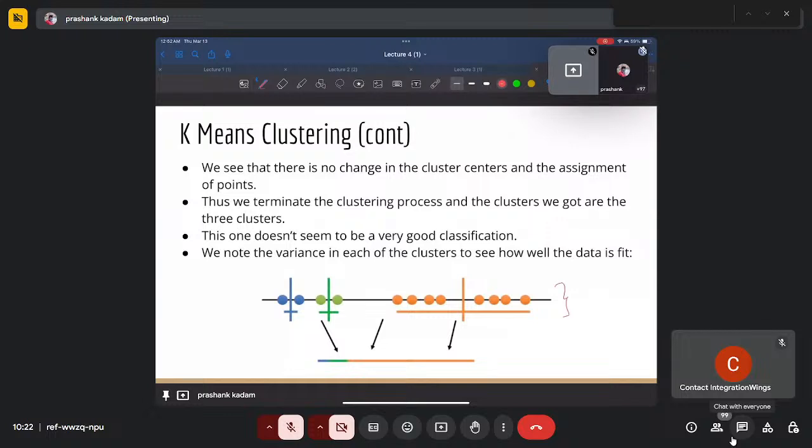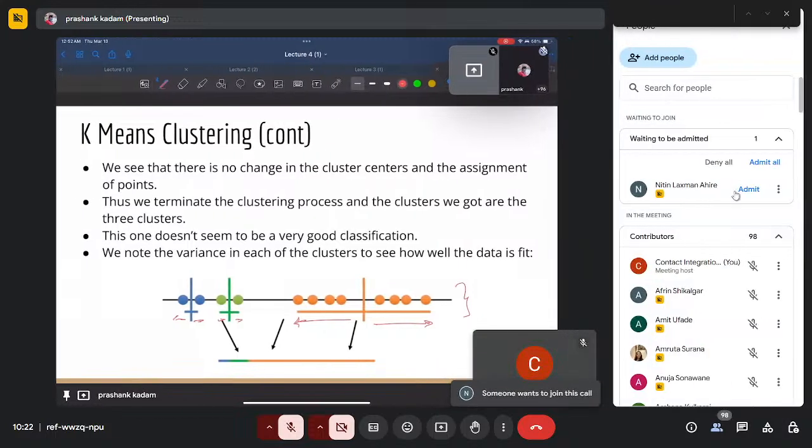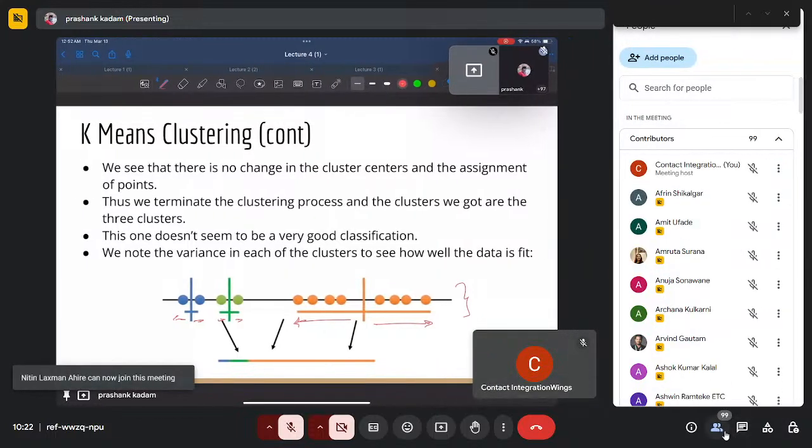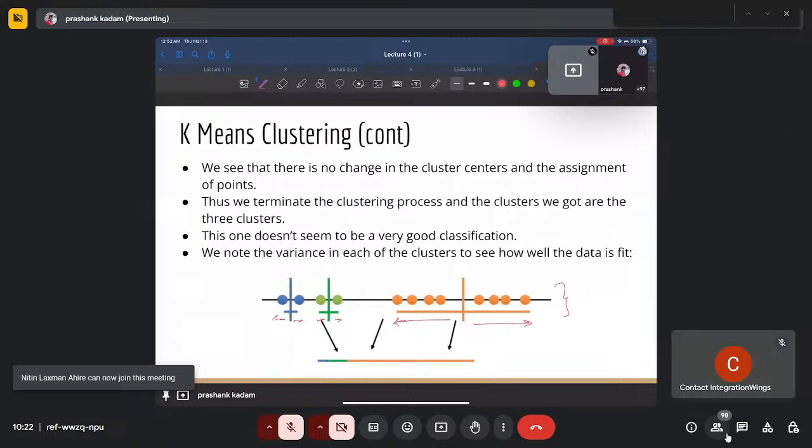Here we will calculate the variance in the data, and as I explained earlier, variance is the distance from the mean of different data points, right? The distance from the mean of different data points will give me the variance in the cluster. Now, in order to find the optimal clustering, there has to be the least variance in the data, right?